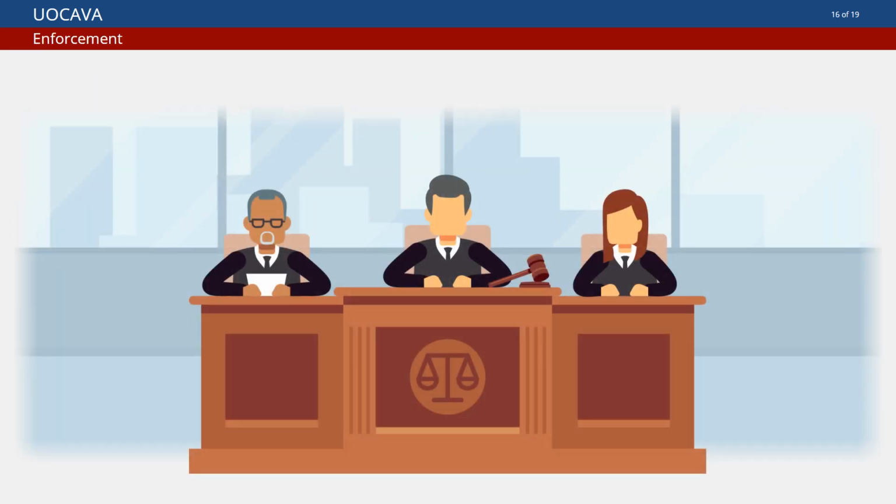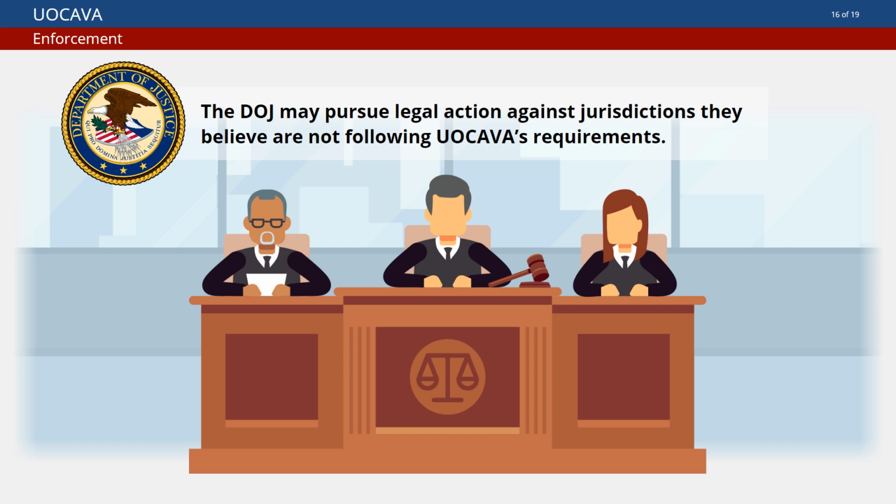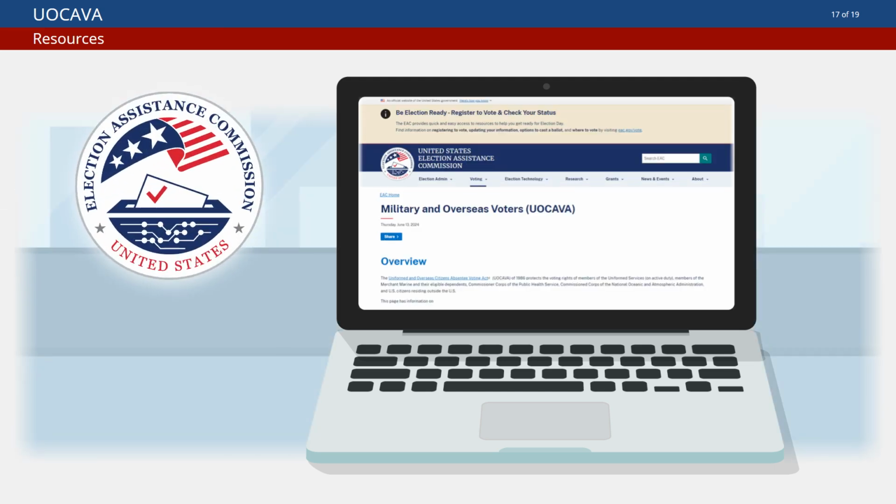UOCAVA provides enforcement power to the Attorney General, which means the Department of Justice may pursue legal action against jurisdictions that it believes are not following UOCAVA's requirements. The EAC provides resources, including tips to implement UOCAVA voting and data on state UOCAVA policies on the EAC website.